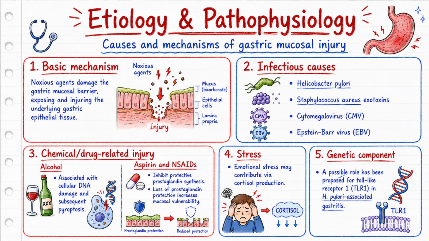Alcohol can directly irritate and damage epithelial cells, while aspirin and other NSAIDs inhibit prostaglandin synthesis, reducing mucosal protection. Severe physiologic stress can decrease gastric blood flow, and autoimmune mechanisms can target gastric parietal cells. Therefore, the basic mechanism is an imbalance between harmful factors and the stomach's protective defenses.